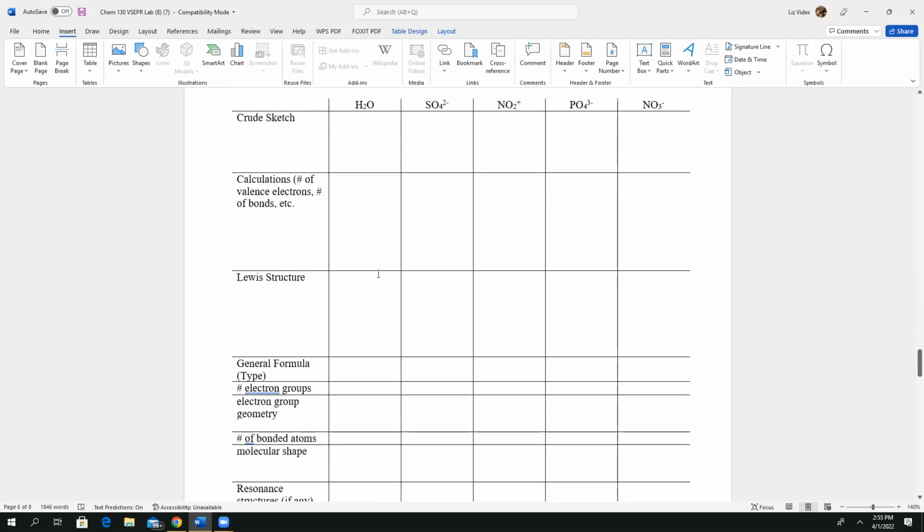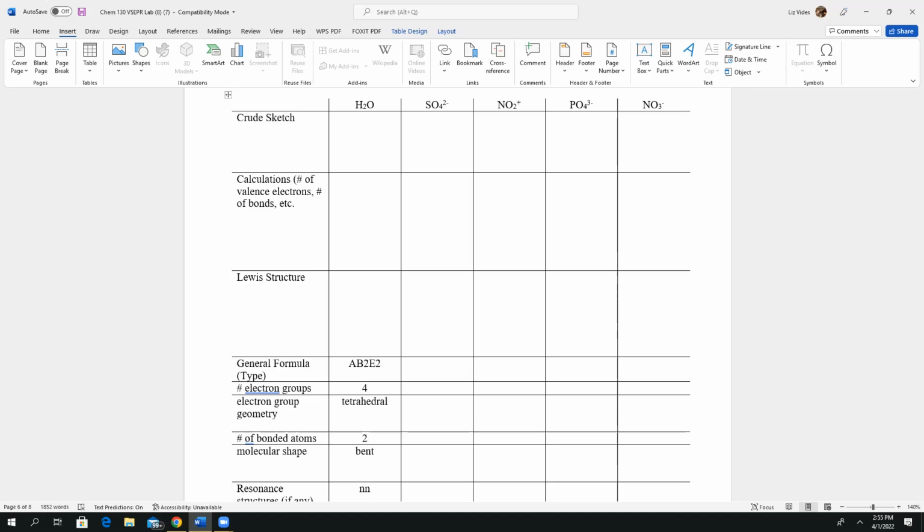Water. Okay, so water, we're just going to do the general formula, which is an AB2E2. So we know for a fact that there are 4 electron groups, and that is tetrahedral, right? And two of those groups are bonded atoms, and the molecular shape is bent. We just did this. There are no resonance structures.